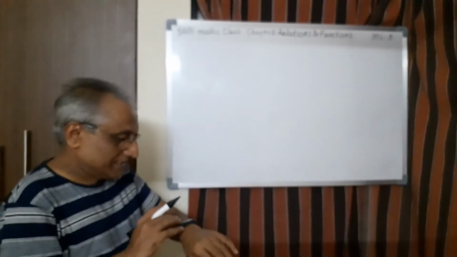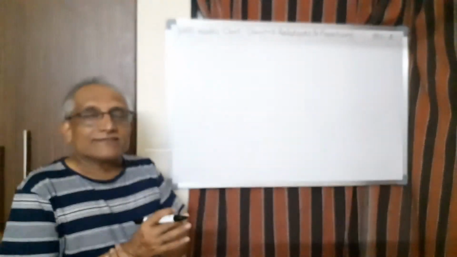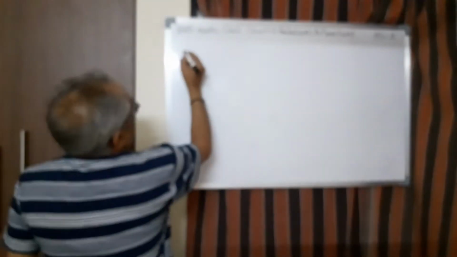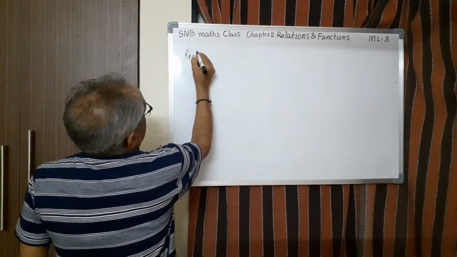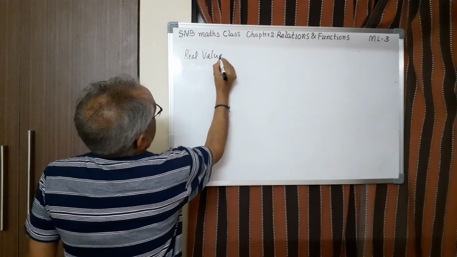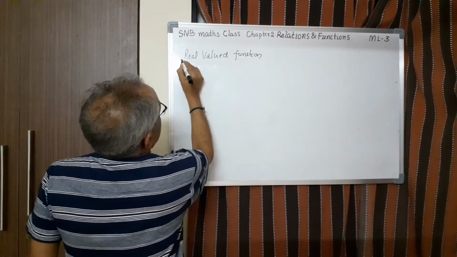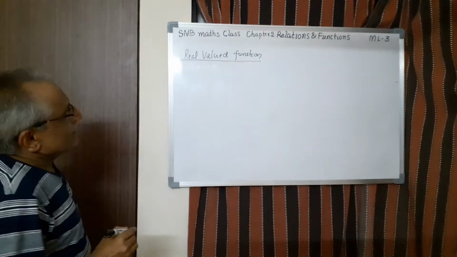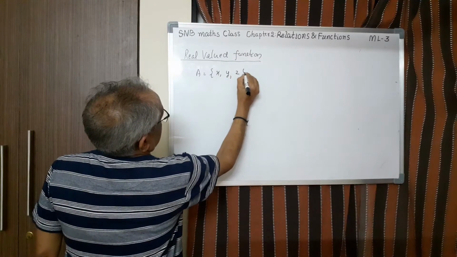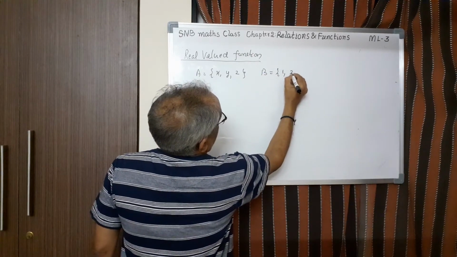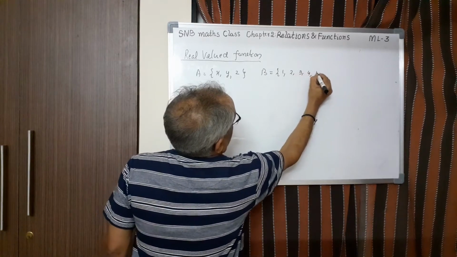Now we have to proceed further. There are different types of functions actually. So one is called real valued function. So what do you mean by real valued function? Let me take, say A is a set, say x, y, z, and B is a set which contains 1, 2, 3, 4, 5.